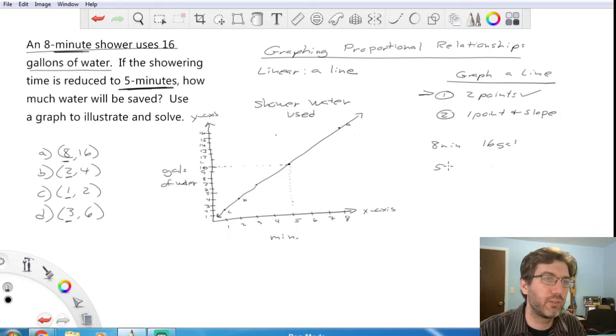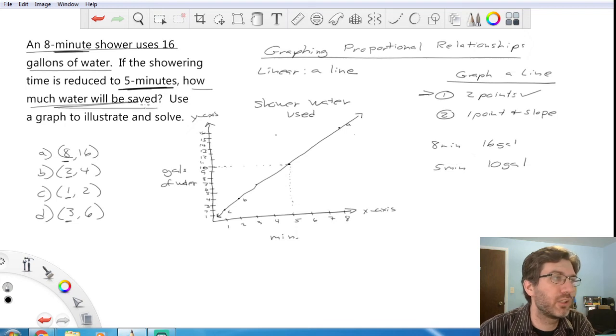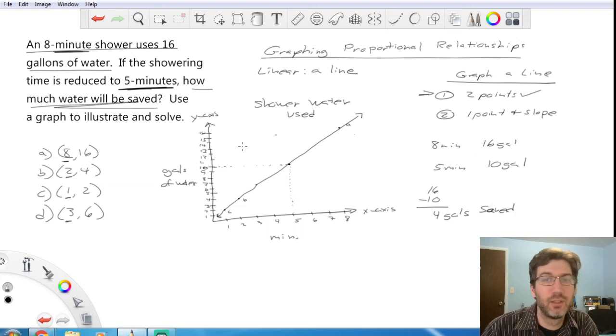In 5 minutes, we have 10 gallons. And then it's asking how much water will be saved. So I want to know how much is saved between these 2 times. And in order to get that, you just subtract the 2. So I'm going to do 16 minus 10, which gives me that 4 gallons saved. And that's just interpreting the question and reading it from there.